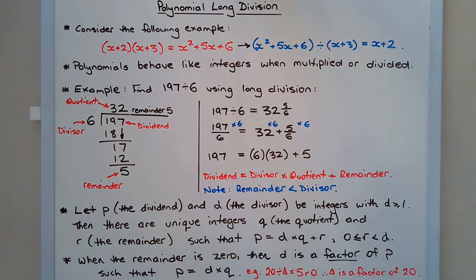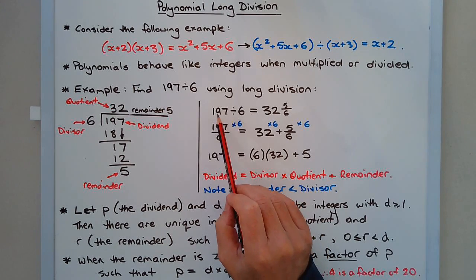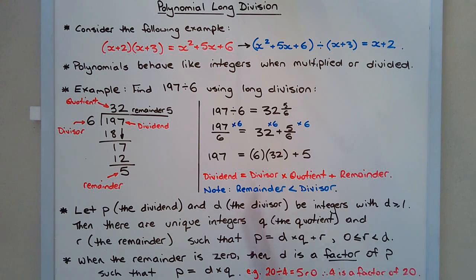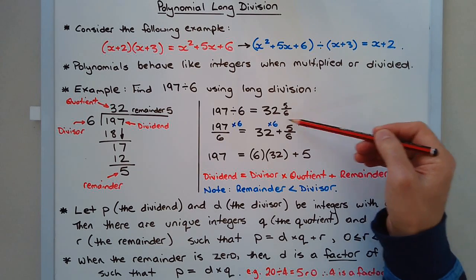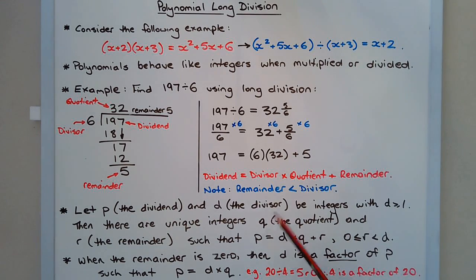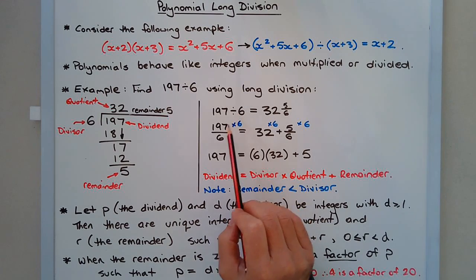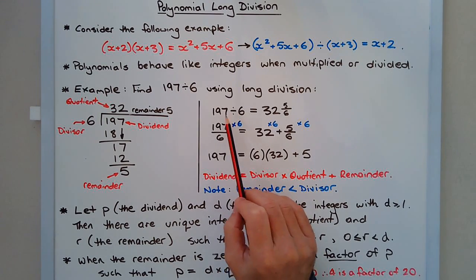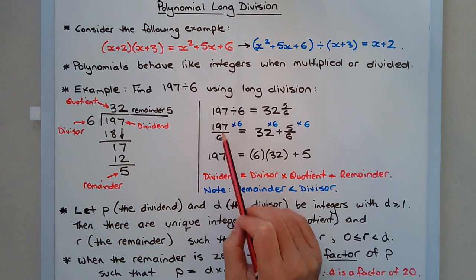Looking at it a different way, this can be written as 197 divided by 6 is equal to 32 and 5/6. But sometimes we like to write it in a form that does not involve fractions, so not involving this 5/6. Can we write it a different way? Yes, we can. If we multiply every one of these terms by 6, so 197 divided by 6 is the same as 197 over 6.